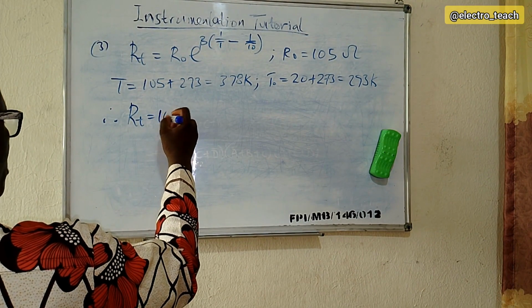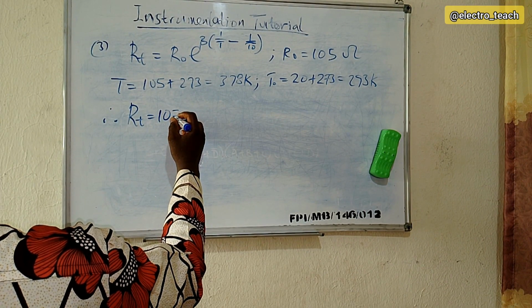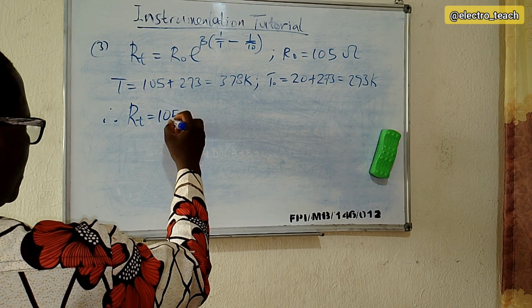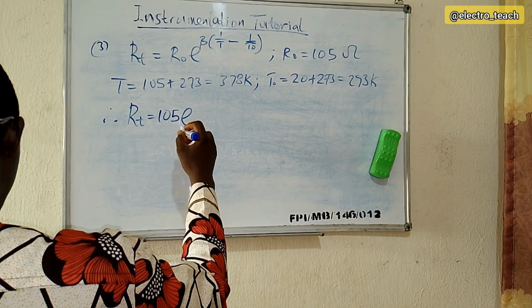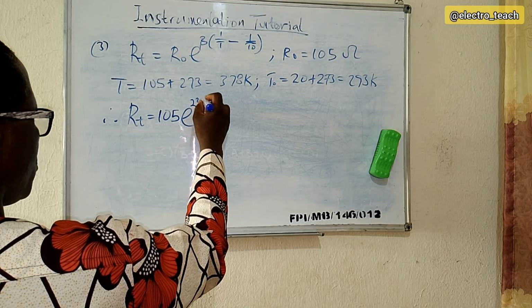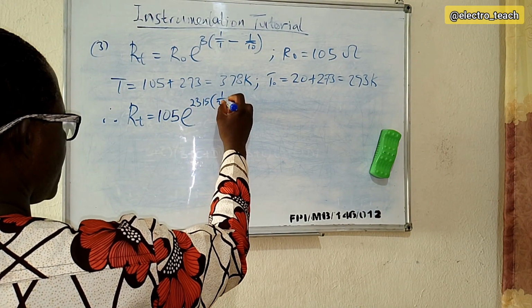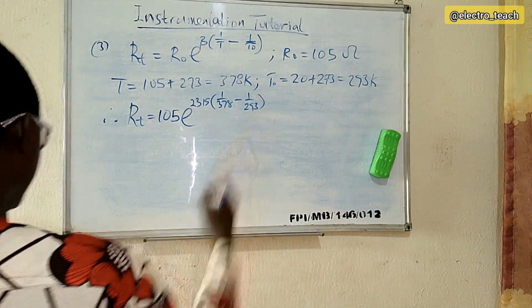So you now have 105 E raised to the power of 2315, beta is given as 2315, into 1 over 378 minus 1 over 293.